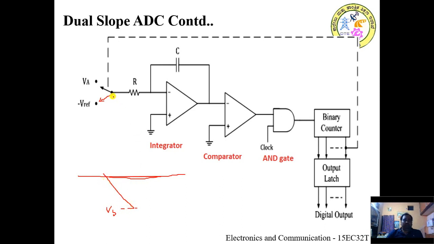So whenever a switchover occurs from VA to V reference, now it is a negative reference voltage. Since it is a negative reference voltage, whenever it is fed as input to the integrator, the integrator produces a positive voltage at its output.